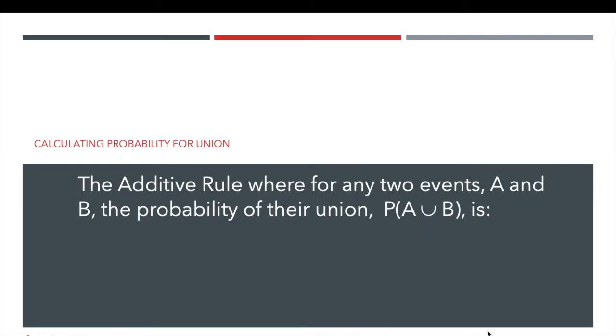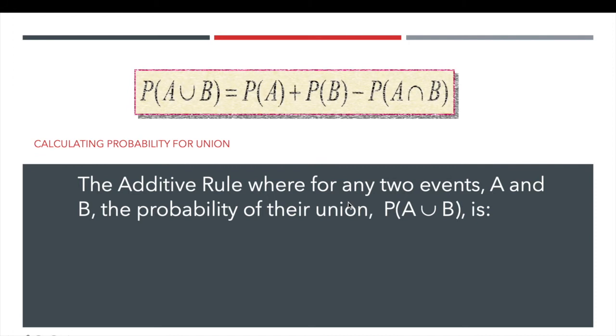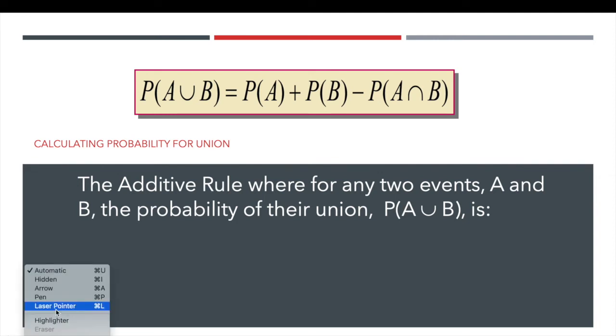In order to calculate the probability for the unions, we have to apply the additive rule, whereby for any two events A and B, the probability of their union, P(A union B), is like this.